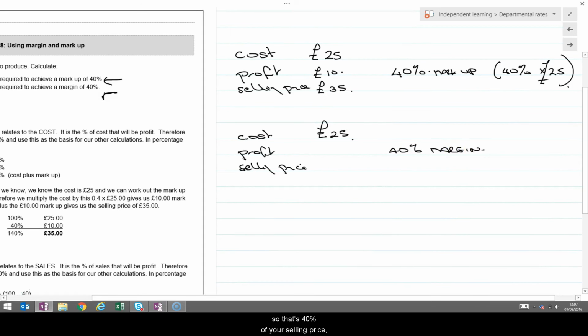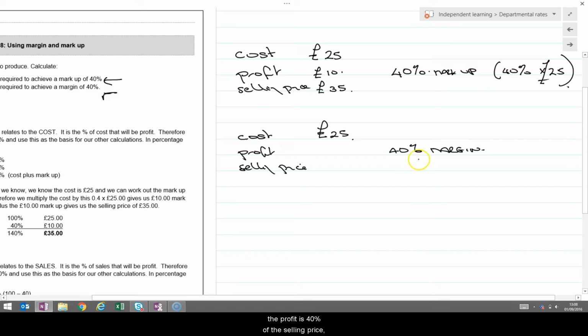So that's 40% of your selling price. And now we have a problem because we don't have the selling price. So how can we do 40% of a figure we don't have? So what we do is we look at the percentages first.